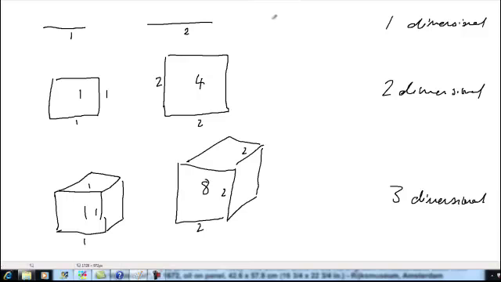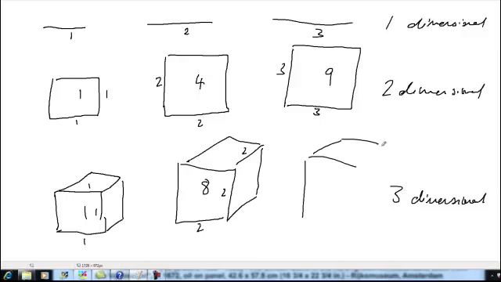If I similarly apply a scale factor of 3, the line is 3, a 3 by 3 square has area 9, and a 3 by 3 by 3 cube would have volume 27. In a sense, I'm using volume and area interchangeably. The two-dimensional volume is an area, the one-dimensional volume is a length, and we could extend to more dimensions if we wanted to.